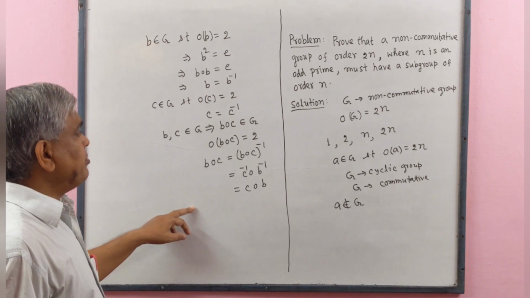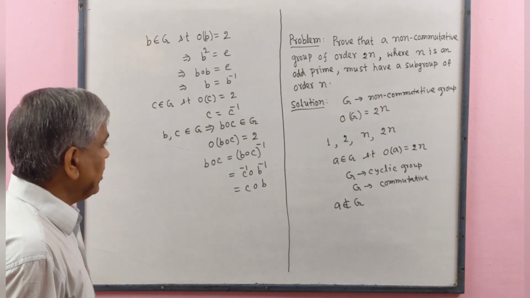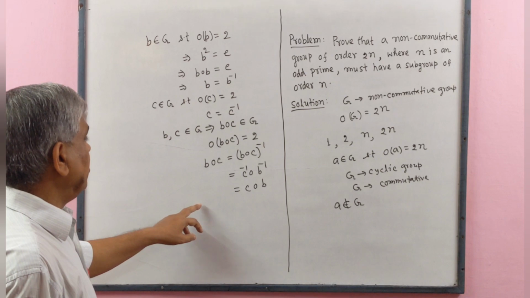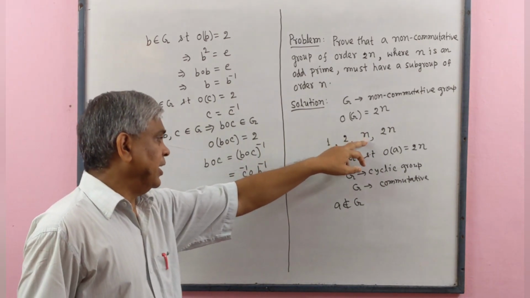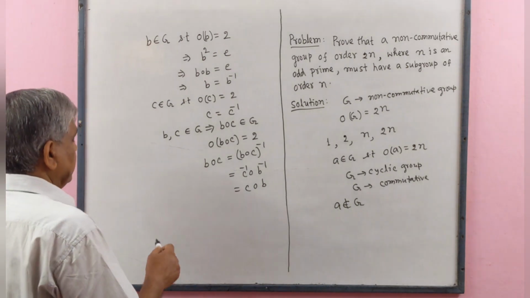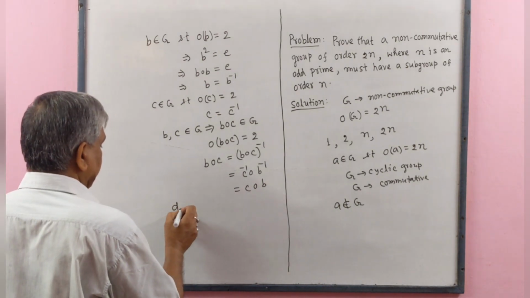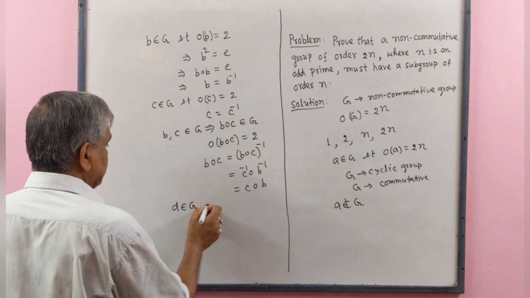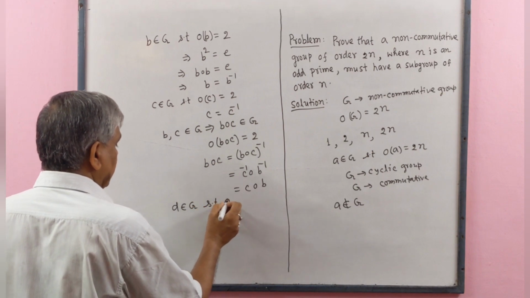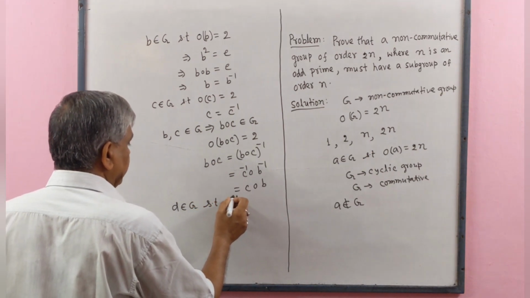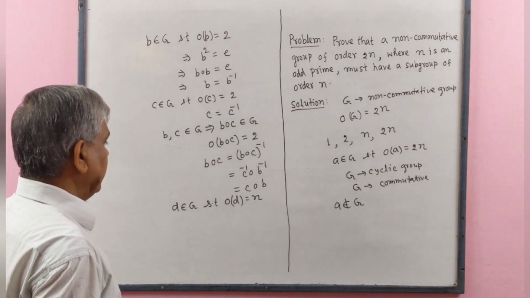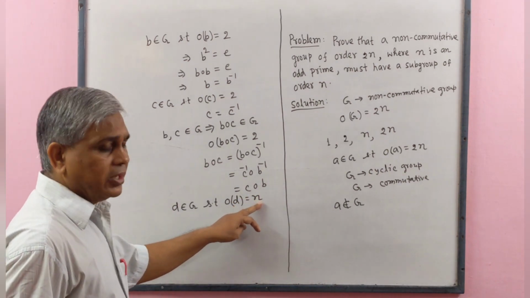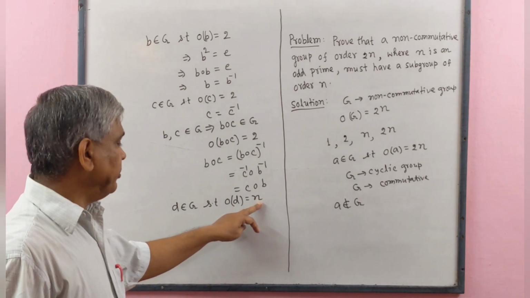Therefore, there must be an element whose order is n. Let d be an element of G such that order of d is n, and n is an odd prime number.